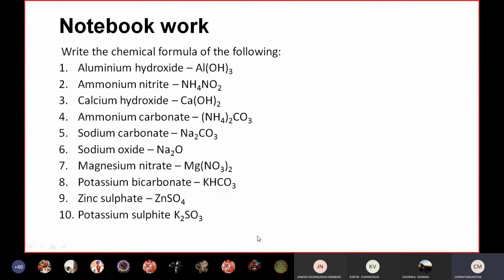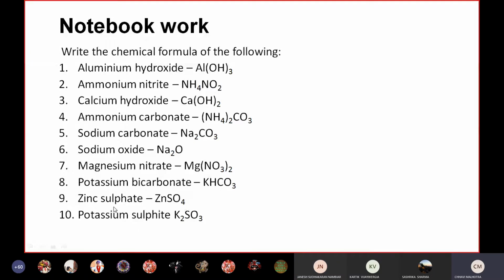The other day, someone was asking me how carbon shares. See, carbon has 4 electrons, so it has to share 4 electrons. 1 electron it shares with hydrogen and 3 electrons it shares with oxygen. This is how carbon will share its electrons.